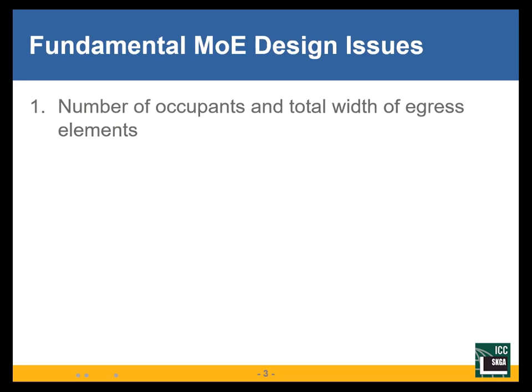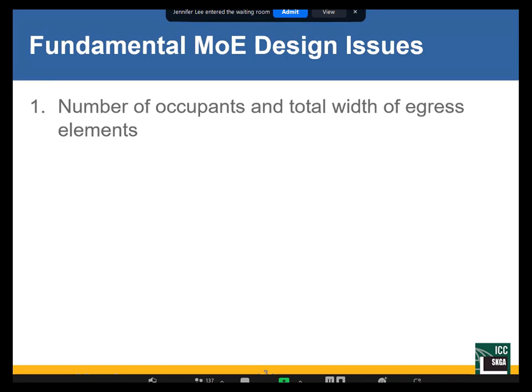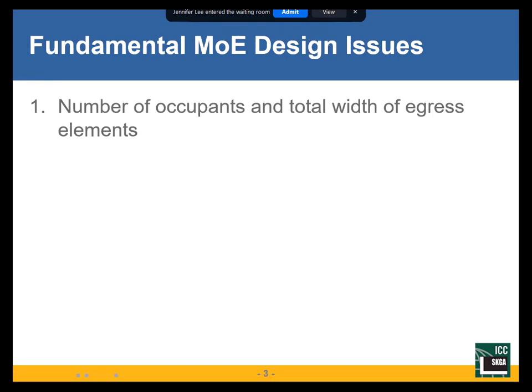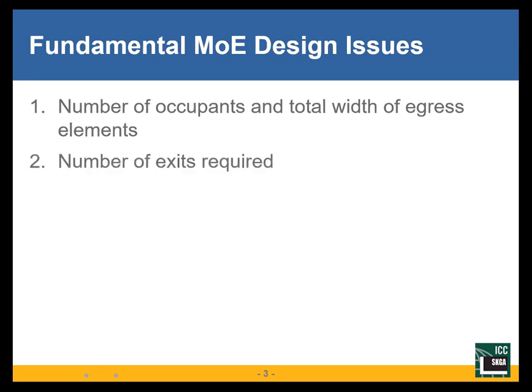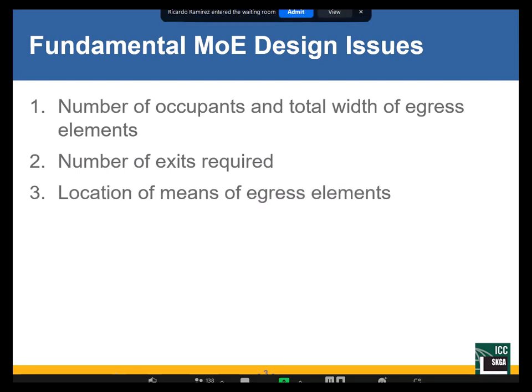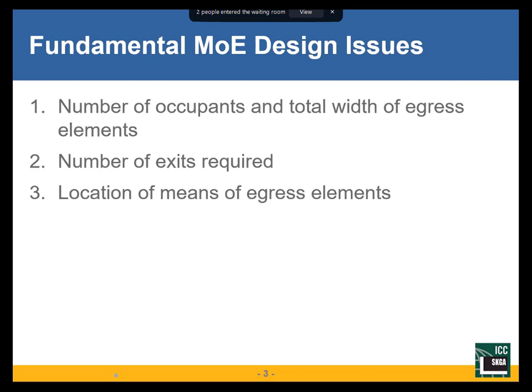And to accomplish that, we look at some fundamental design concepts. How many occupants are in the building? The number of occupants will determine the number of exits required, the width of the required exits, and the location of those exits. How far do I have to travel? What's the distance I have to go? Do I need fire resistance rated construction for components in my exit path?